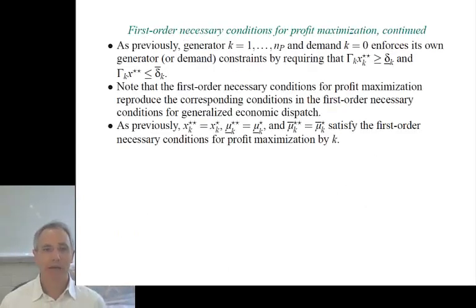So as previously, generator k equal 1 through np and demand k equals 0 will enforce its own generator or demand constraints. And as I mentioned a moment ago, the first order conditions for profit maximization reproduce the corresponding conditions in the first order conditions for generalized dispatch, with some slight changes that just involve us setting the prices.